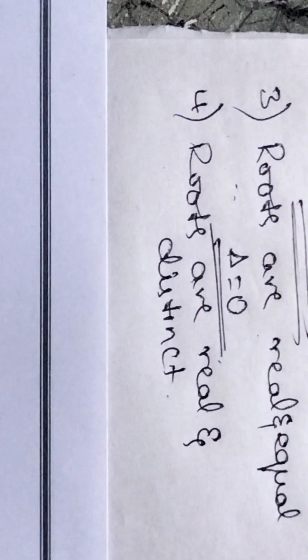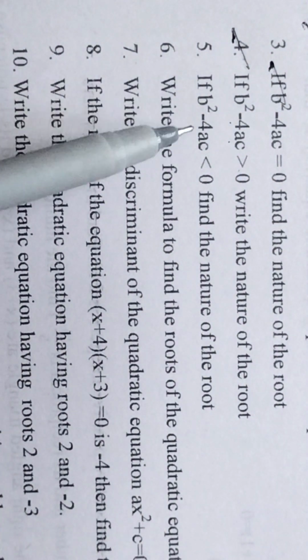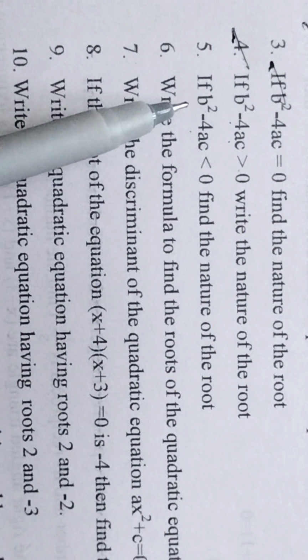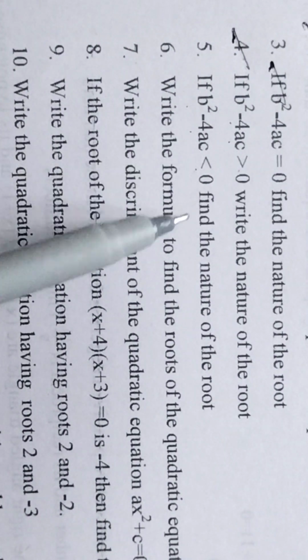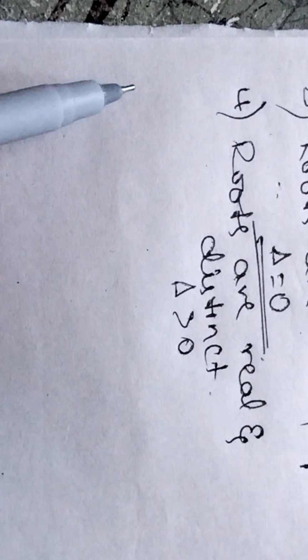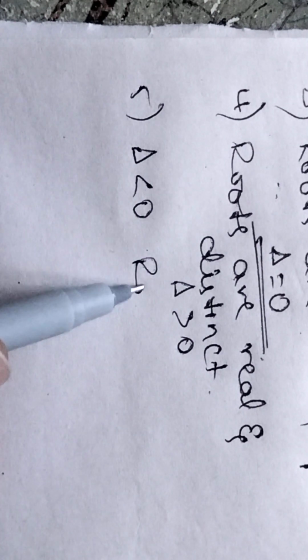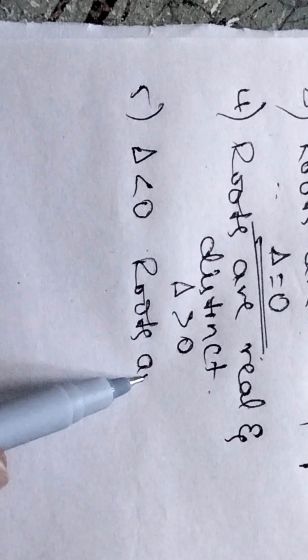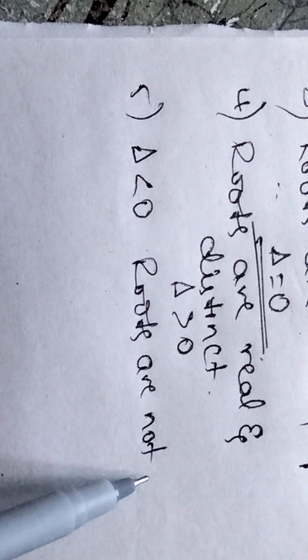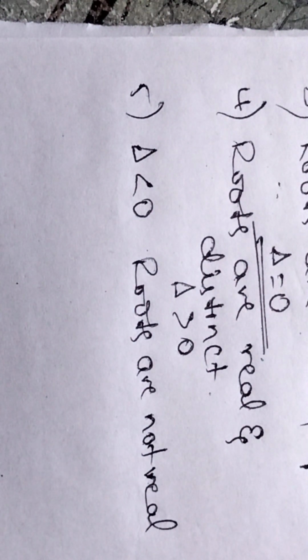Now let us move to the fifth question. If b square minus 4ac, that is delta, is lesser than 0, find the nature of the root. For the fifth question, delta lesser than 0, the roots are not real, or you can write it as roots are imaginary.